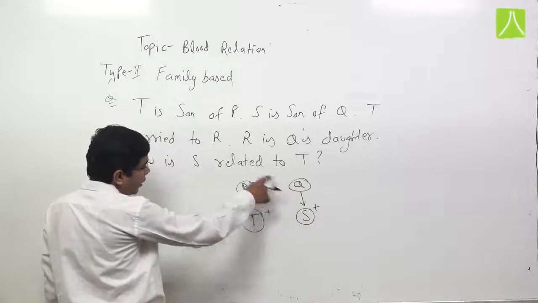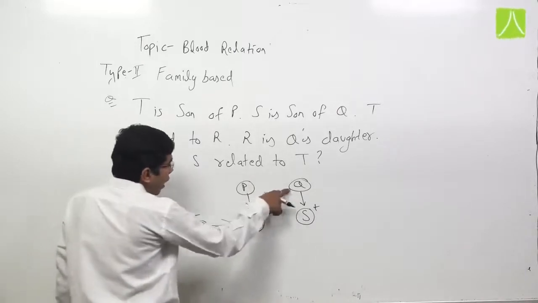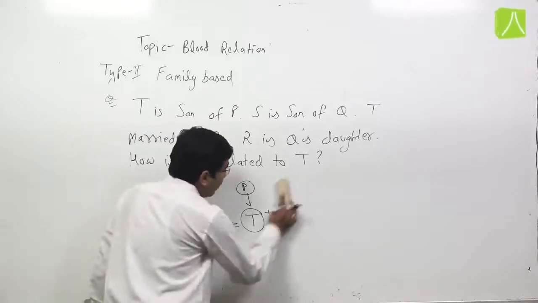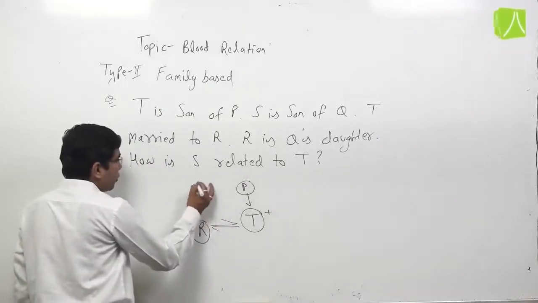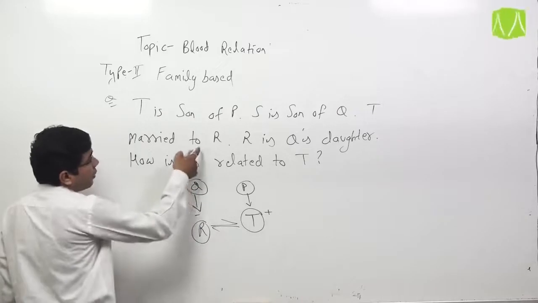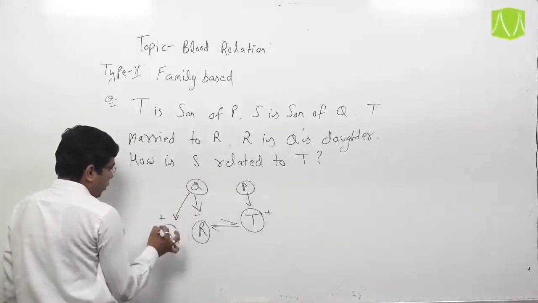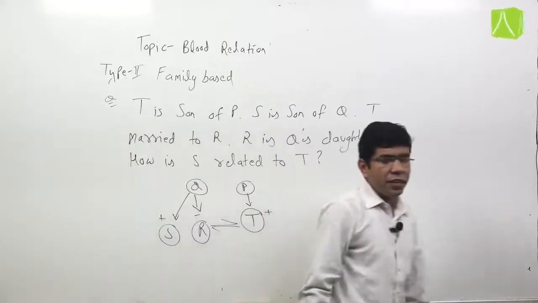That means this string can be shifted here. We can write R is Q's daughter here, and here is the line S is the son of Q. This is our final family tree diagram.